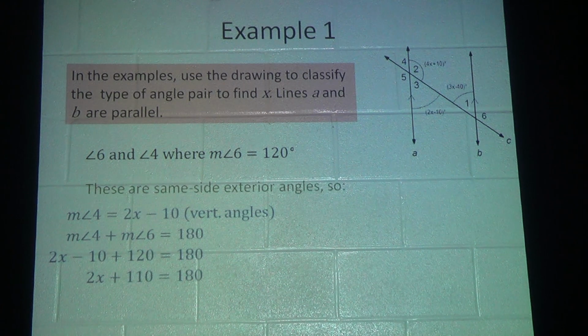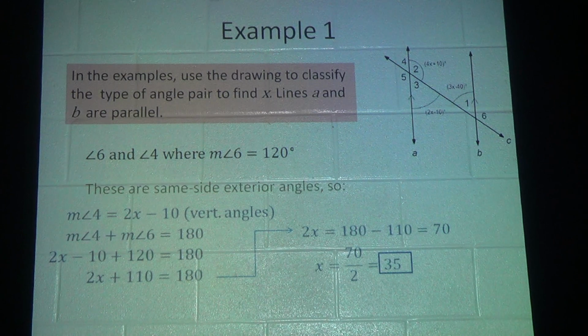Combine like terms: 2x plus 110 equals 180. Subtract the 110 from both sides: 2x is equal to 70. So x is 70 divided by 2, which is 35. They only asked for x, so that's the answer they're looking for.